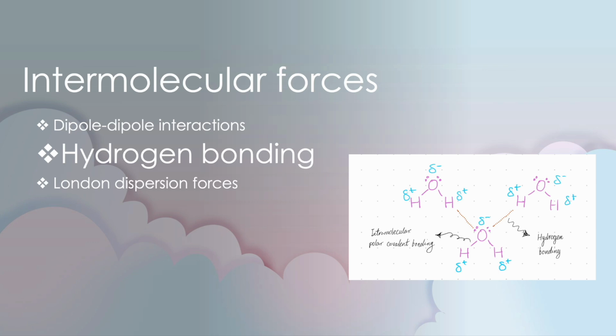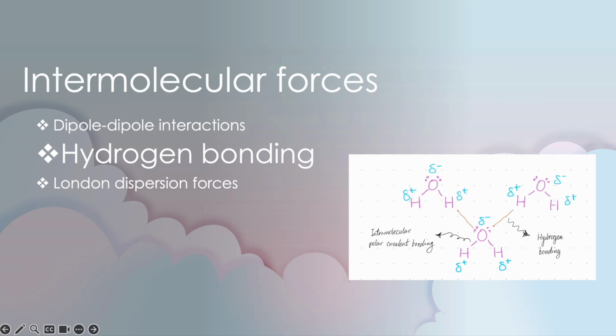High boiling point and melting point can be observed here, such as in water. Look at the picture. This one is the hydrogen bonding, and that one is the intramolecular polar covalent bonding. Okay, so intramolecular here, hydrogen bonding or intermolecular here.